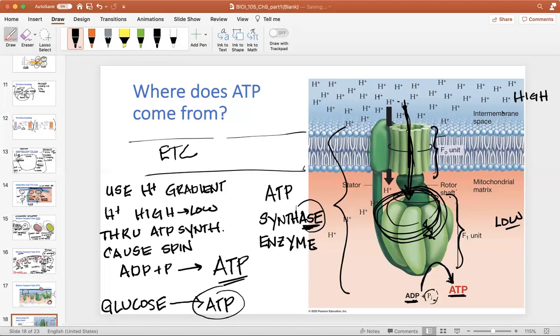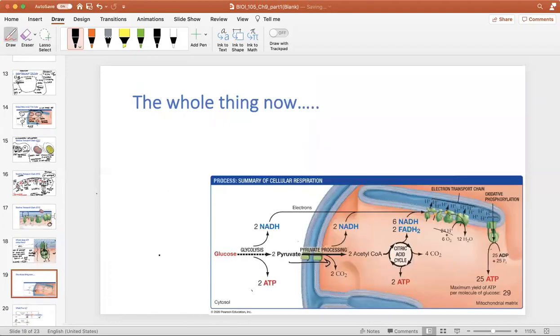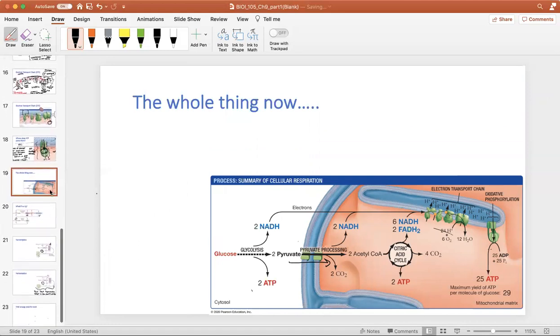Now the question becomes, how much ATP can we make? How much can we make using this process? Well, let's take a look. It turns out that we said that we had some high energy electron carriers. We have 2 NADH that we got from glycolysis.